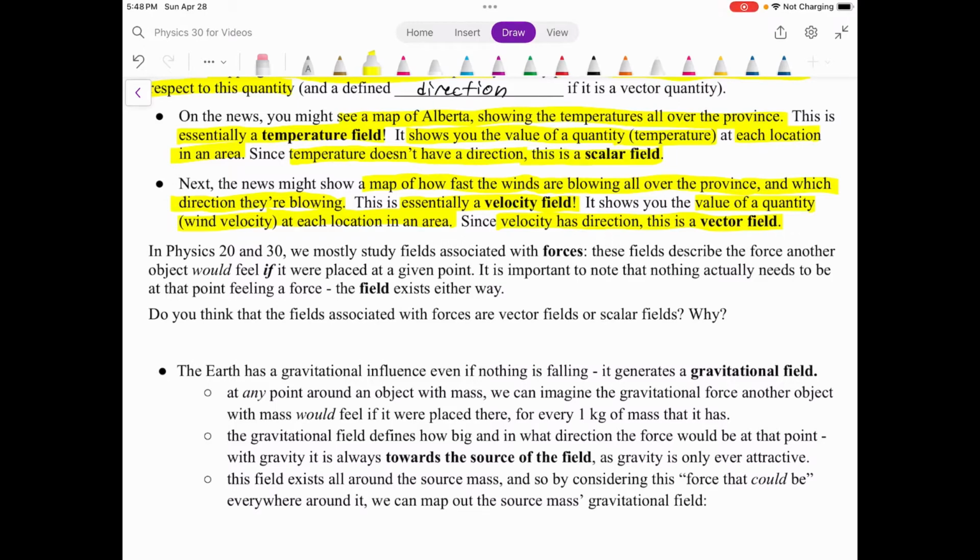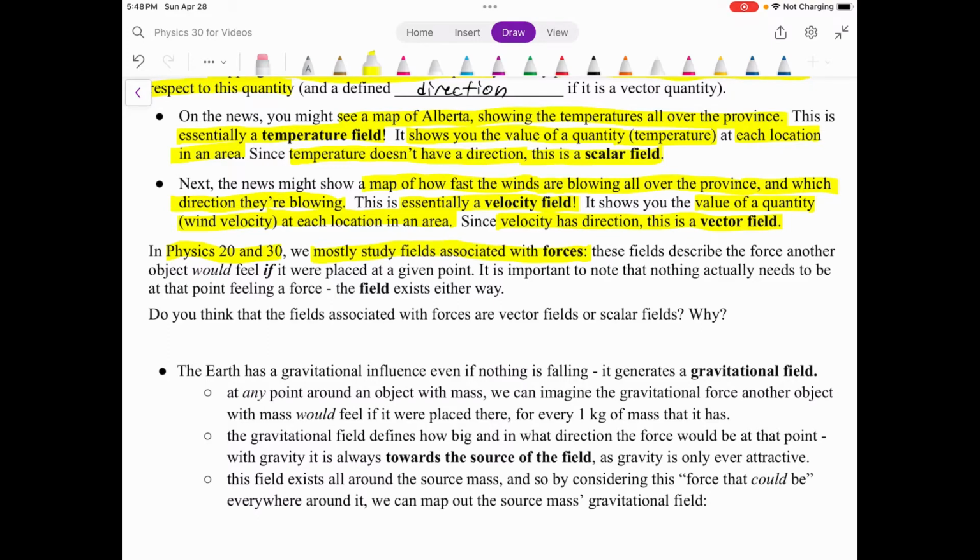Now, in Physics 20 and Physics 30, the main types of fields we're interested in, and again, a field is just a mapping out of an area with respect to some quantity, okay? For Physics 20 and 30, for most of the fields that we're interested in, that quantity is a force.